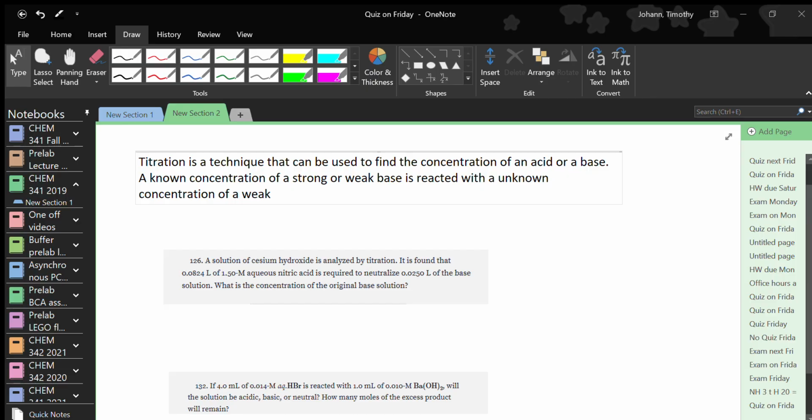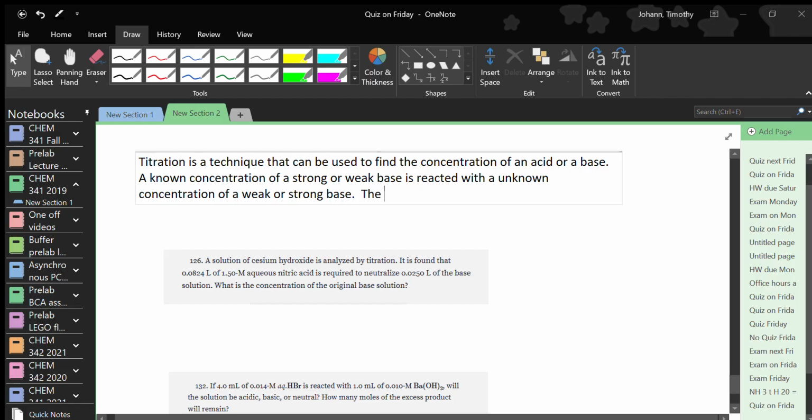And I put these in the right order. Base. Then stoichiometry happens. Then you do stoichiometry at it.